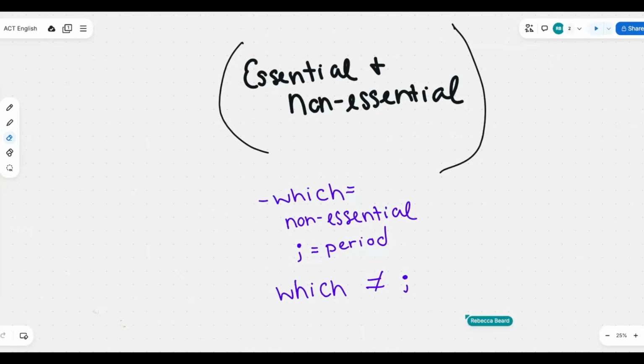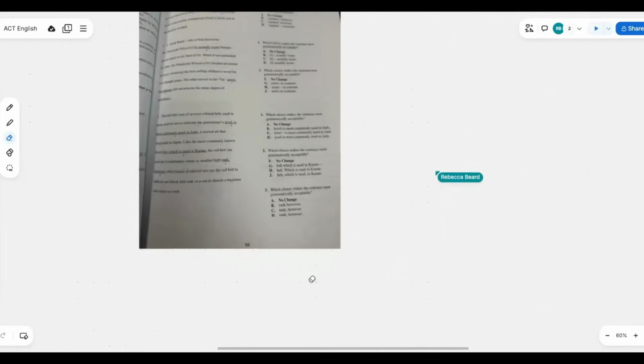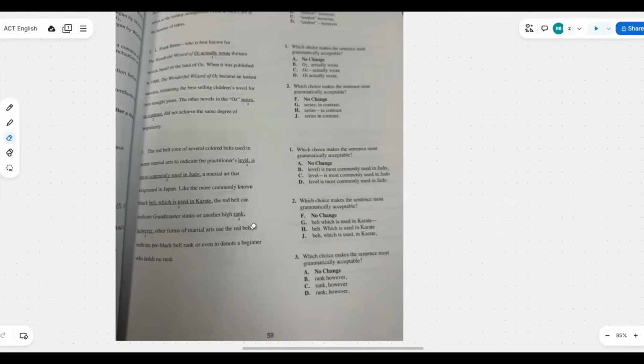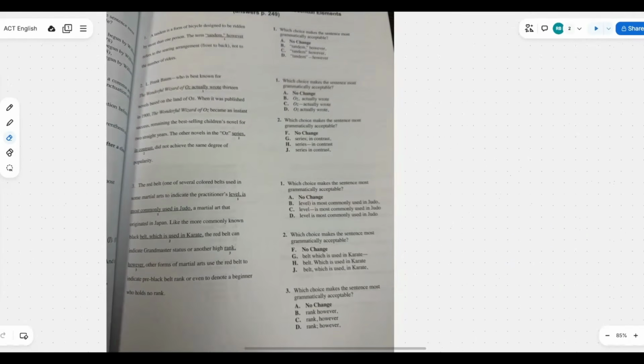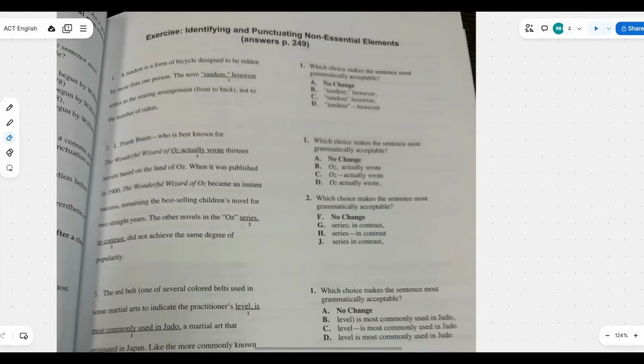Okay, so that's your high level. The next thing we're going to go into is a little bit of practice. This is going to be from Erica Meltzer's 5th edition. I really like her ACT English work, and I'm about to try out her reading as well. She goes through and really practices each of these different skill sets.